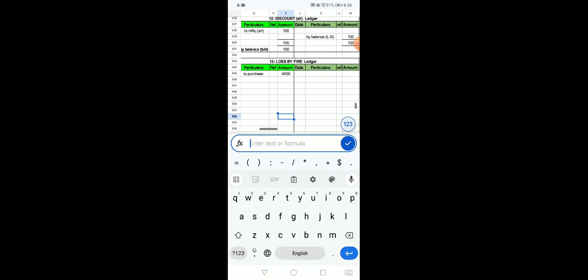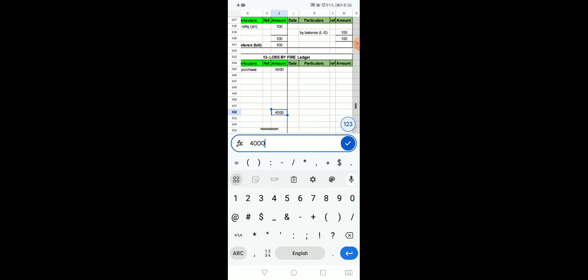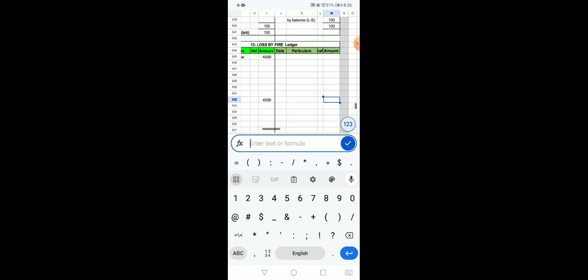For balance, you will calculate sum of both sides. Here sum of debit side is 4,000 and sum of credit side is 0, as nothing has been mentioned over here. First step completed. Total of both sides. Make comparison. Which sum is the larger sum? That is 4,000. So you are needed to write this balance on both sides.